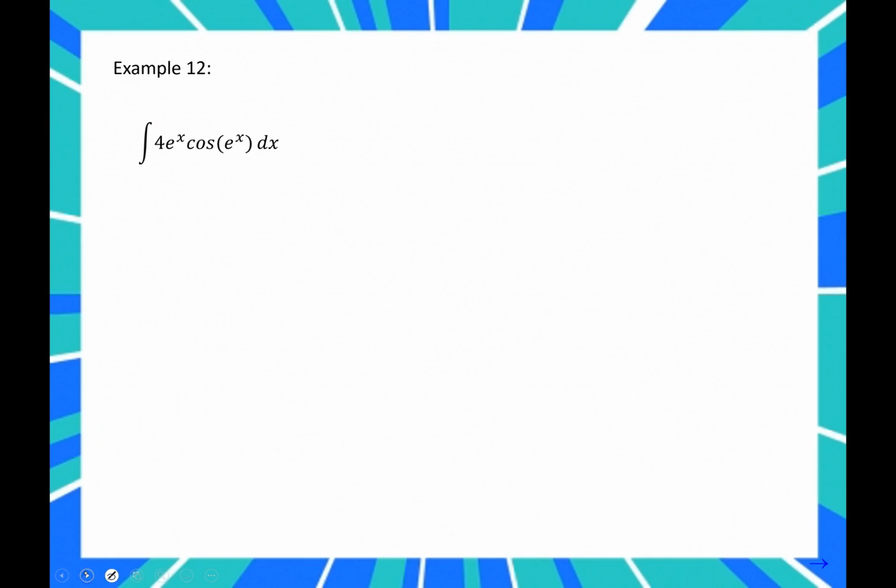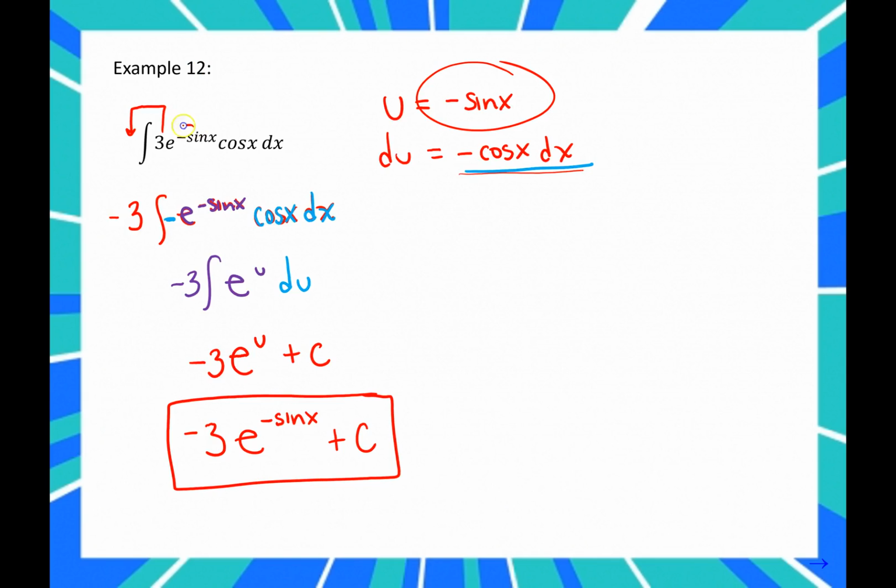Alrighty. We've got one more. I think I should have titled that number 13. Now, in this case, we already have an e to the x, and so we don't need to set our u equal to whatever that raised power thing is. Like, for example, here the raised thing was raised to the negative sine x.